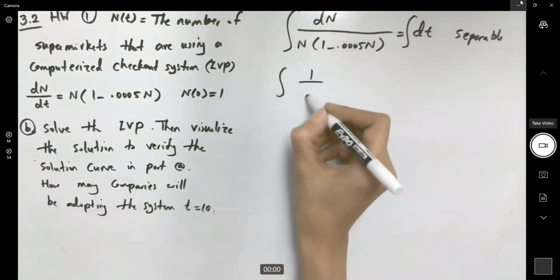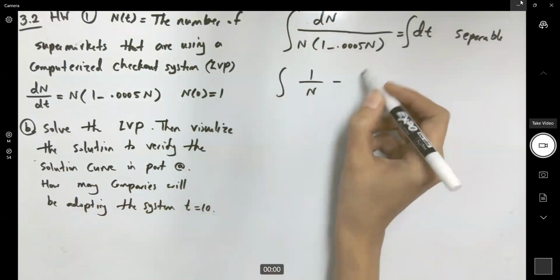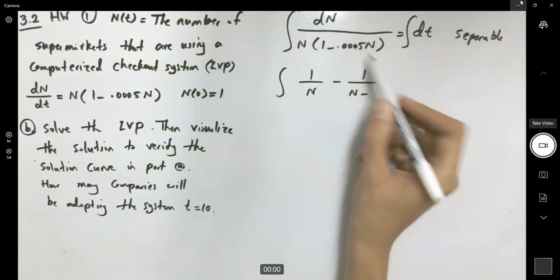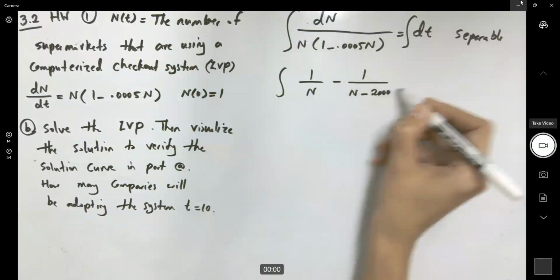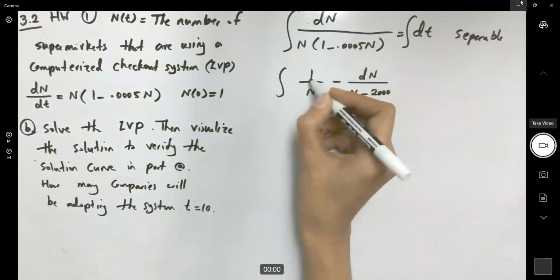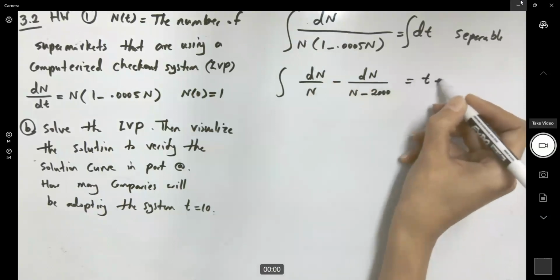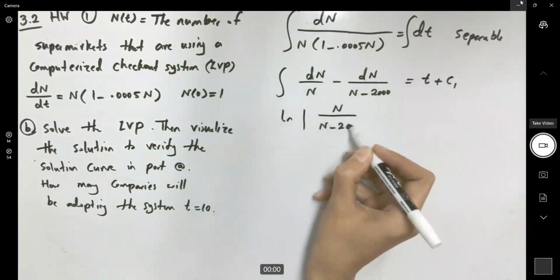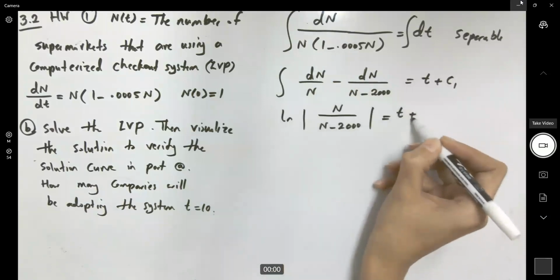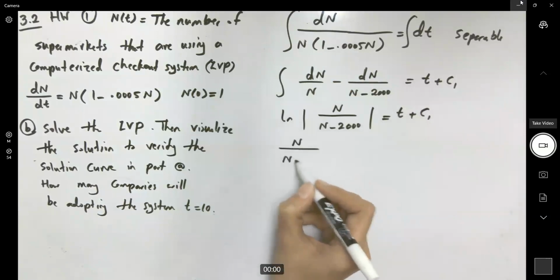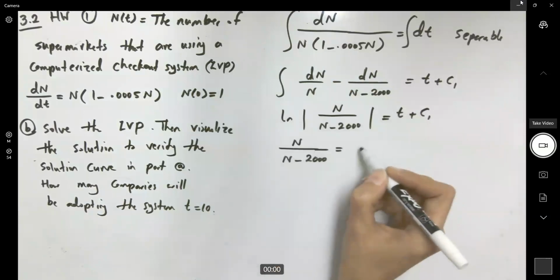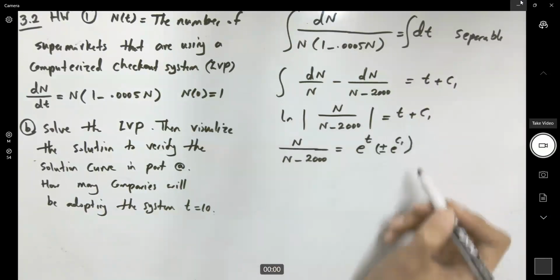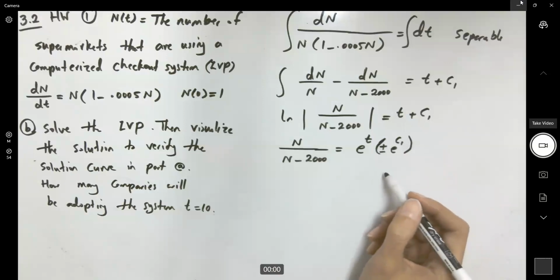This is the integral of 1 over n minus 1 over n minus 2000 dn equals t plus c sub 1. So we get ln of the absolute value of n divided by n minus 2000 equals t plus c sub 1, or n over n minus 2000 is equal to plus or minus e to the c sub 1 times e to the t, or c sub 2. Very well.